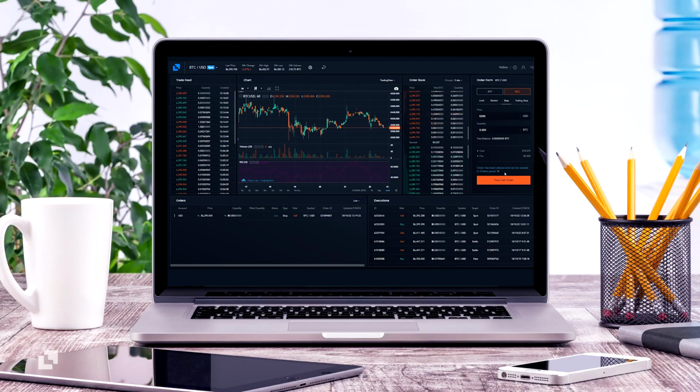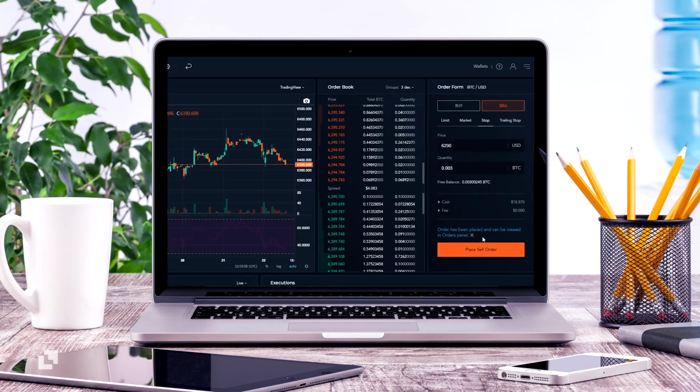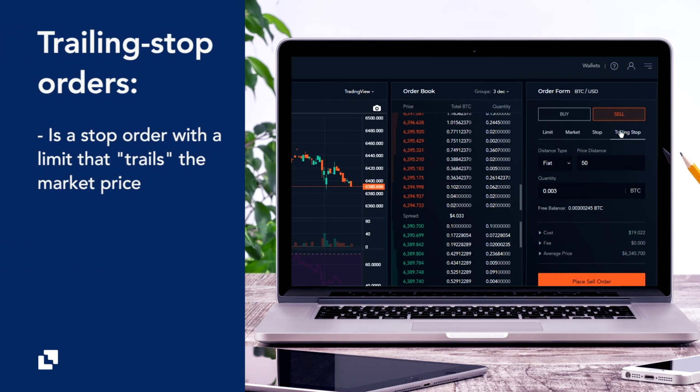Now, let's look at a trailing stop order. A trailing stop order is a stop order with a limit that trails the market price. For example, a user sets a trailing stop order $10 below market price. As the price rises, the trailing stop will follow and remain $10 below the market price. If the price falls over $10, the stop order will be executed.